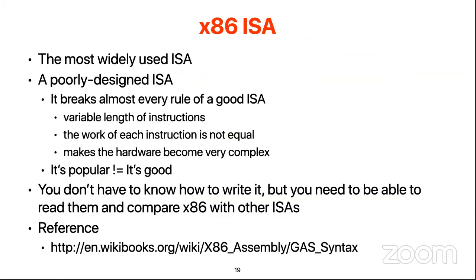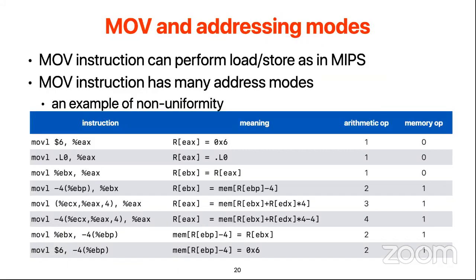And they also have the move instruction for memory access. However, if you look at how move works, it is actually very complex. The move instruction has tons of memory modes, and with a single move instruction you can do a read or a store.